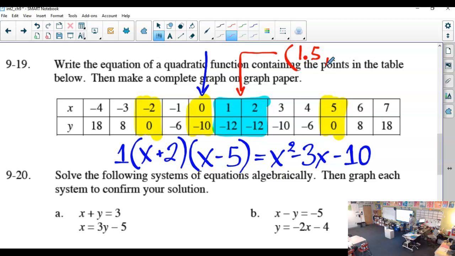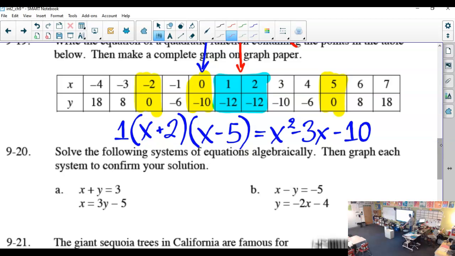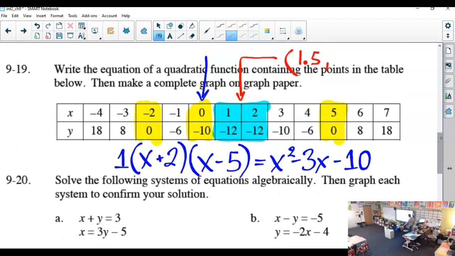Parabola. 1 squared is 1, minus 3, would be negative 2, minus 10 is negative 12. I think that works for 1, negative 12. My question is, does it work for 2, negative 12? 2 squared is 4, minus 6 is negative 2, minus 10 is negative 12. So I think it works for both of these. So I think our equation is correct because it confirms at least 4 points.